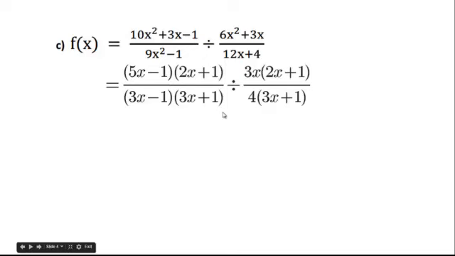Before we flip and multiply, we actually take care of this restriction here. That restriction there, I don't want to gloss over. I want to take a little bit more time on that. What we actually do is we solve the little equation 3x plus 1 equals 0. This is very similar to what we do when we're solving quadratics, solving for the zeros in a quadratic.